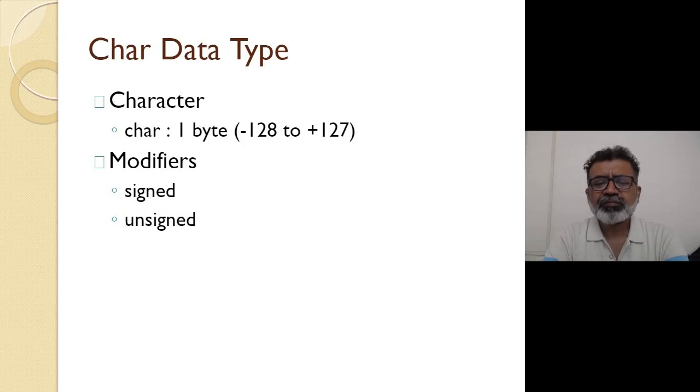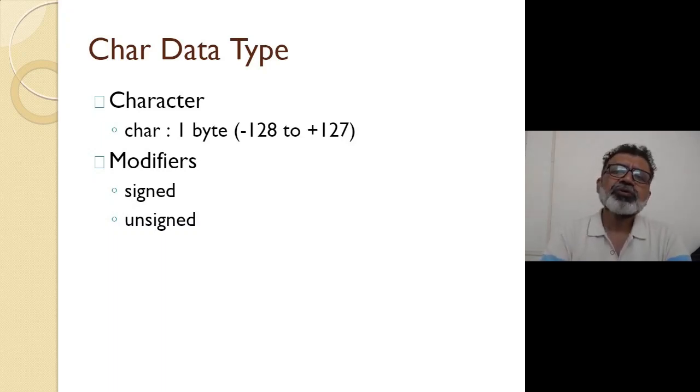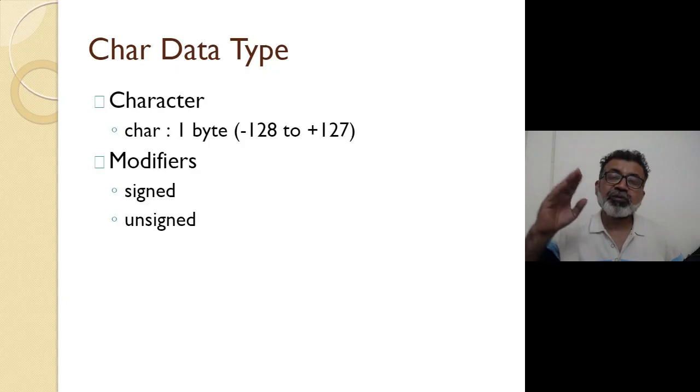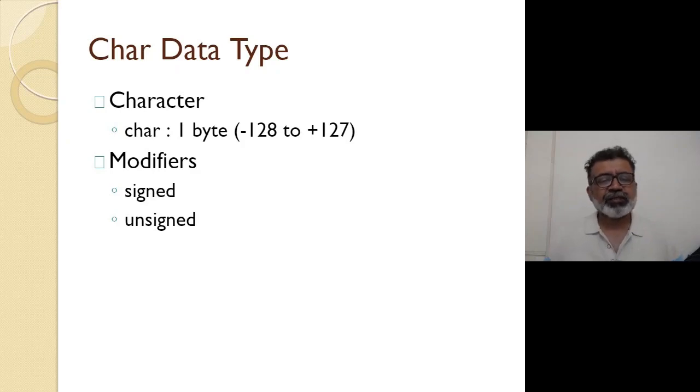So again, if it is a regular char, which is a signed char, range will be -128 to +127. If it is unsigned char, then range will be 0 to 255. That is the extended ASCII character set, right?